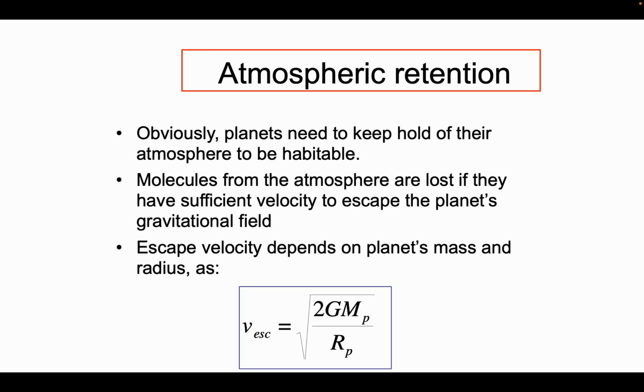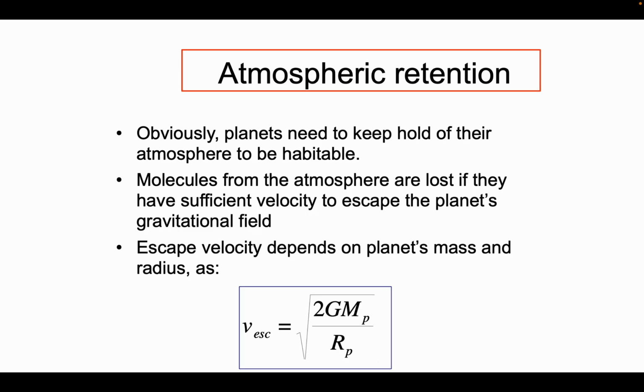Another thing for the habitable zone is atmospheric retention. Obviously, planets need to hold on to their atmosphere to be habitable. Molecules from the atmosphere are lost if they have sufficient velocity to escape the planet's gravitational field.